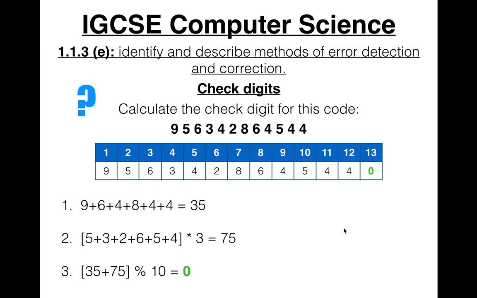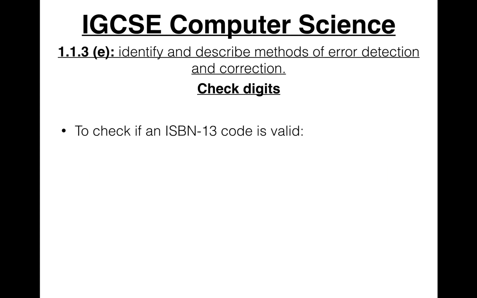I'll double check that with the recent October-November paper, but they tend to tell you how to calculate the check digit for a specific sort of number, so you can work from the algorithm that they give you.